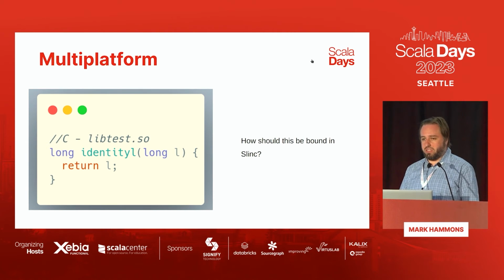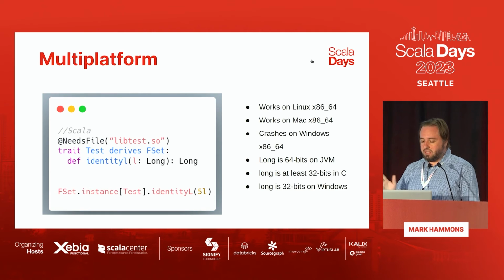It's about equivalent to an int. So the problem here is that the long type in Java is always 64 bits, and there's a mismatch of the widths expected. So here, you're trying to pass in a 64-bit value to something that's expecting a 32-bit value, and that causes the crash.